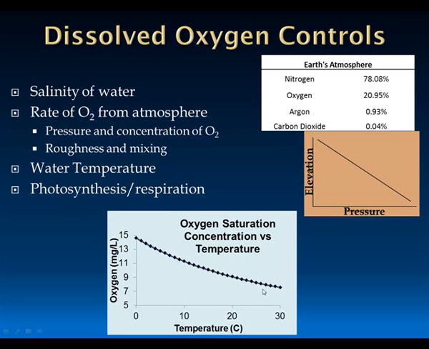So when the water temperature is close to 0, then you can have 14 point some milligrams per liter of oxygen, whereas if you heat up to 20 degrees at room temperature, then you're down to the maximum oxygen being at about 9 milligrams per liter.